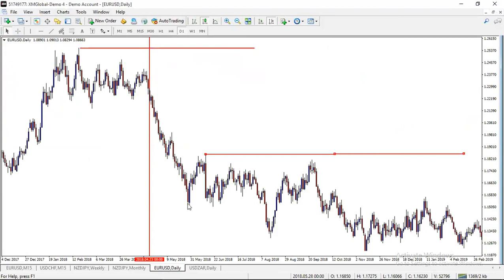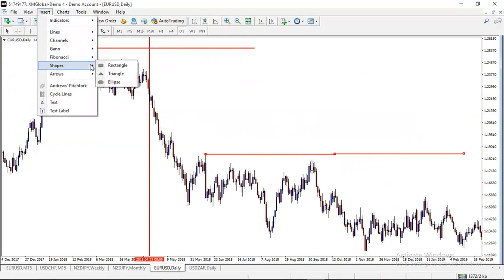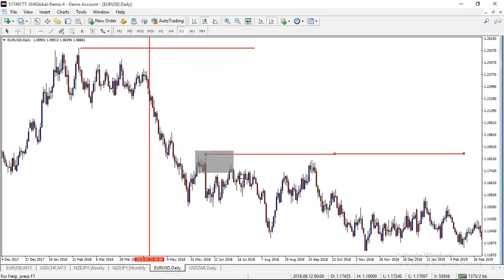So again, going back to this, if we have buyers closing their trades here, they are closing their trades around that area. That's where you expect sellers to come in the market. So as I said, in a downtrend, your resistance will form where buyers are closing their orders.